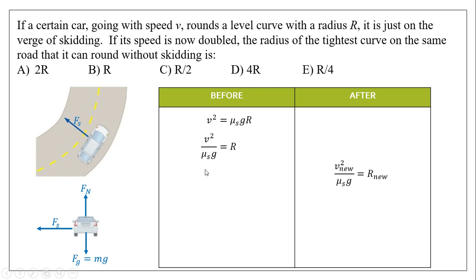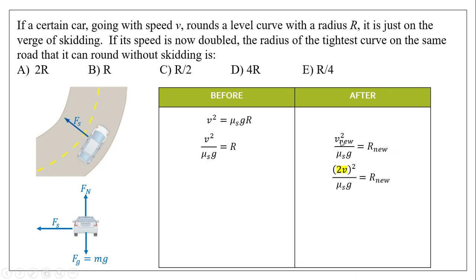All right, now that you have an expression for r, I'm just going to use it. I'm really going to use the same expression here, but I don't know what v new is, but v new is given to me as double. So here in this expression, the only difference is I added a subscript. Instead of saying v squared, I'm going to say v new squared, and then mu s stays the same, g stays the same, and then here's r new, because you have to find what r new is, right?